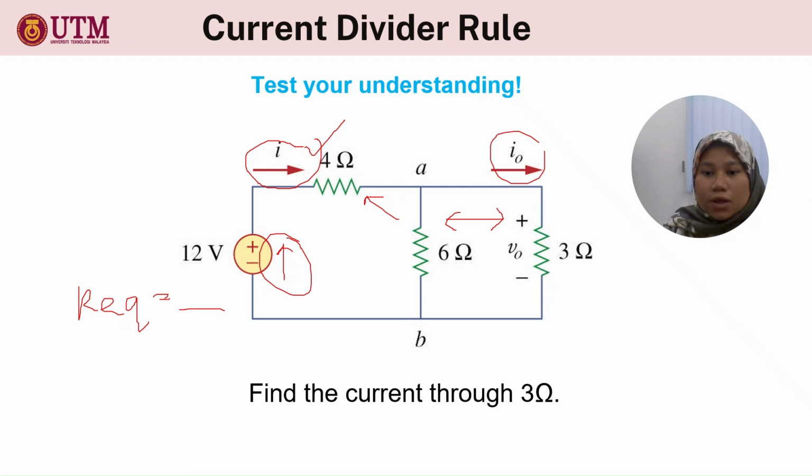Of course, by using the CDR equation, which is the current source multiplied with the different resistor. If you want to find the current here, you need to multiply with this resistor first and divide with R1 plus R2. Can you get the answer?